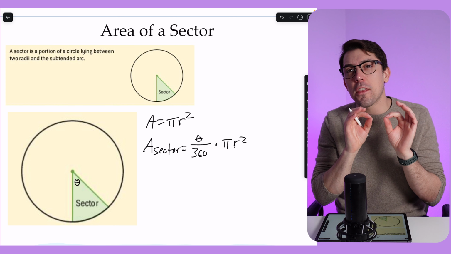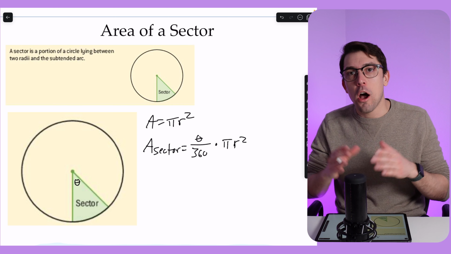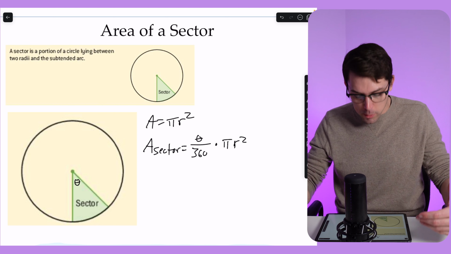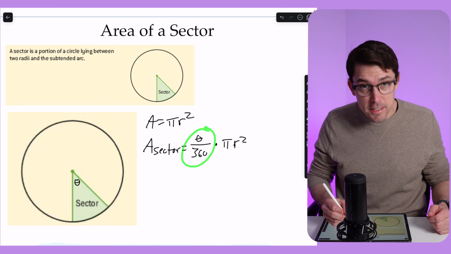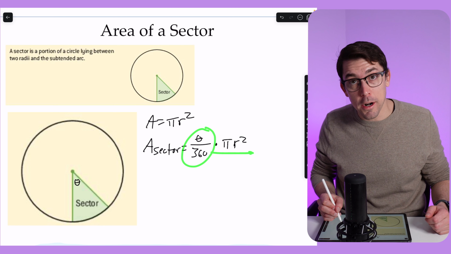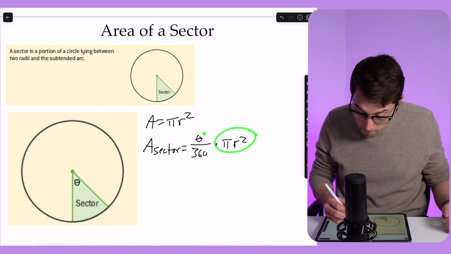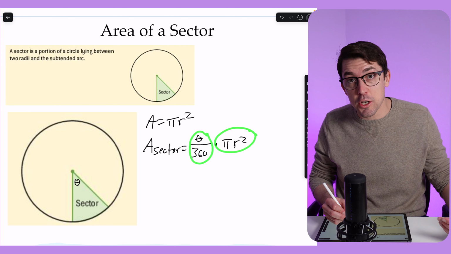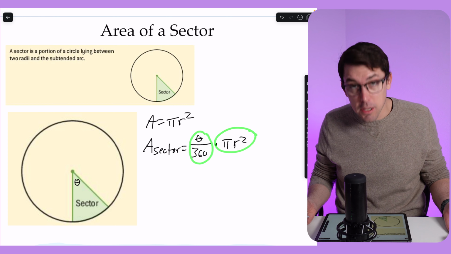So if I take that angle out of 360, I'm going to get the correct portion of the circle, the correct ratio or the correct fraction that it is. As long as I apply it to pi r squared, I'll get the area of the entire circle multiplied by the fraction or the section that I want to find the area of, and that'll give you the correct area.